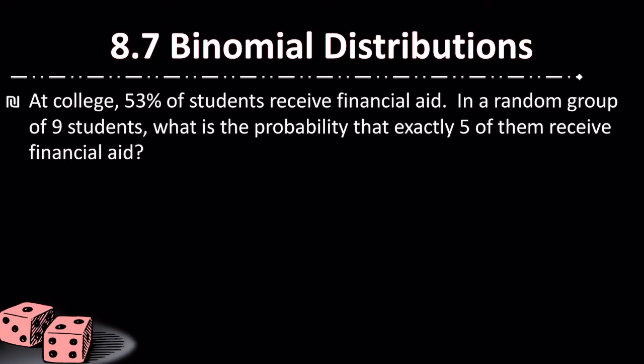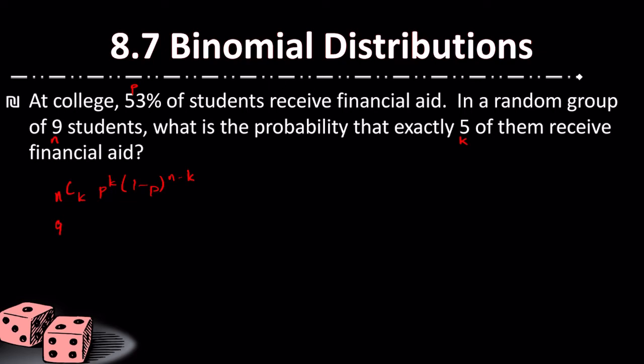All right, at this certain college, let's say 53% of the students receive financial aid. In a random group of 9 students, what's the probability that exactly 5 of them receive financial aid? Well, n would be 9, k would be 5, and our p would be 0.53. So it's nCk, p to the k, (1 minus p) to the n minus k.